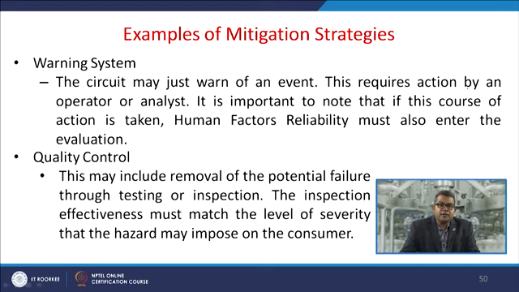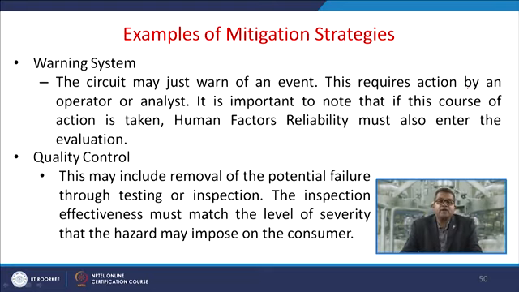So, the circuit may just warn of an event. Now, this requires action by an operator or analyst. So, it is important to note that if this course of action is taken, the human factor reliability must also enter into evaluation. So, this particular aspect is important.